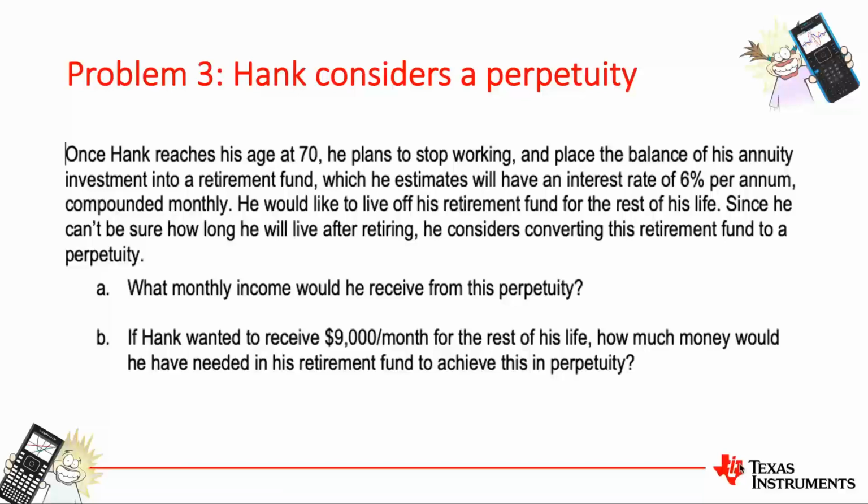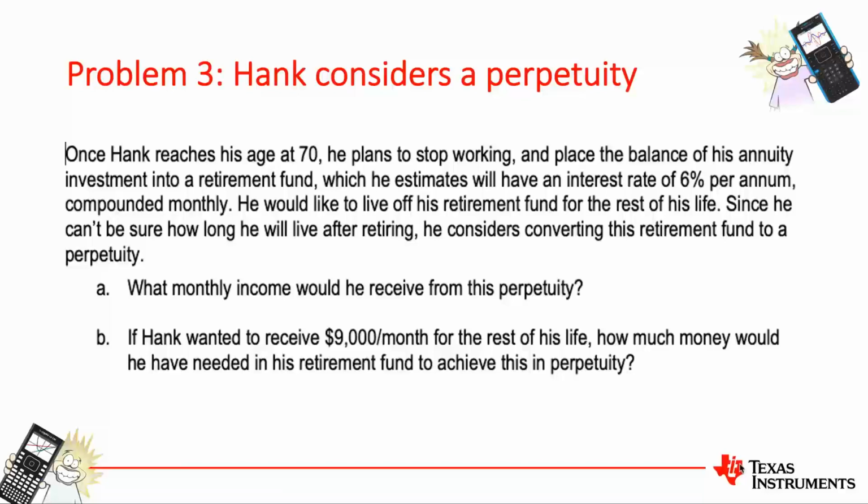He wants to live off this retirement fund for the rest of his life, which is quite reasonable. The problem with that is that it's tricky to know how long you're going to live. And so initially he considers, well, I'm just going to convert it to a perpetuity, which is a sort of account which allows you to get a regular, in this case monthly, income from your retirement fund.